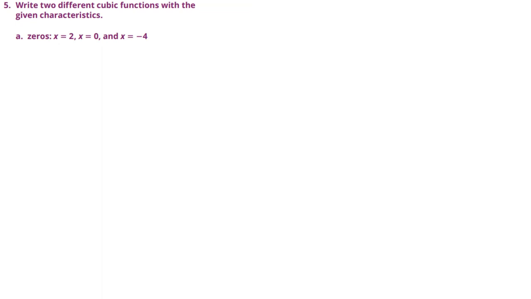So that means I'm touching and going back here, and I cross here. It goes through and it touches here. That is one of the graphs you could have drawn.